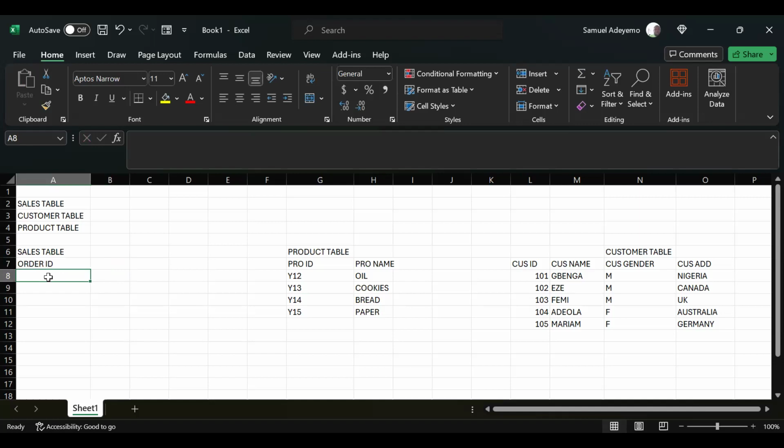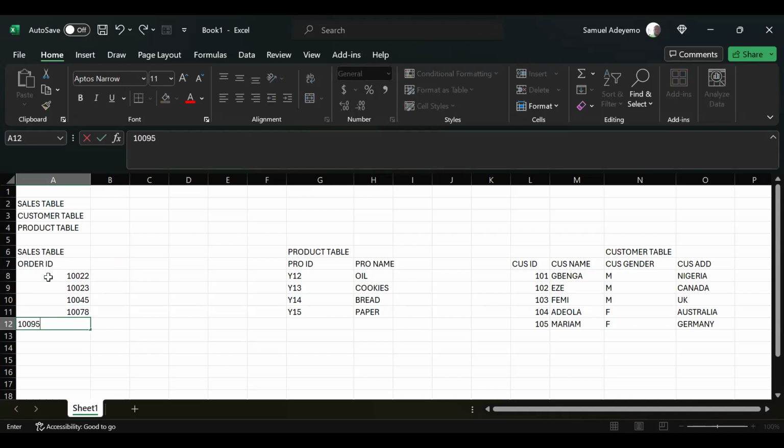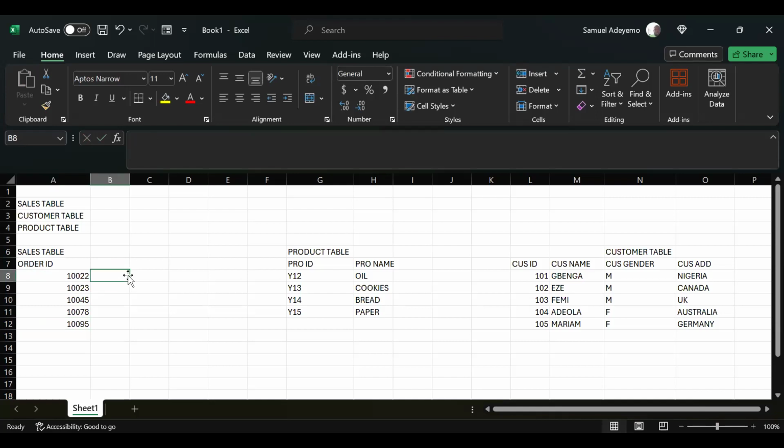On the order ID, we can have order ID 10022. We might have order ID 10023. We might have order ID 10045. We might have order ID maybe 1078, something like that. We might have order ID 10095, for example, right?